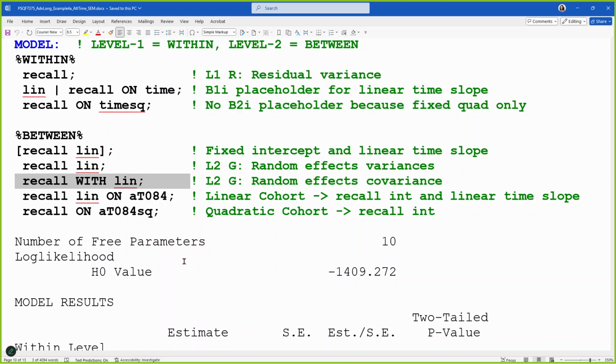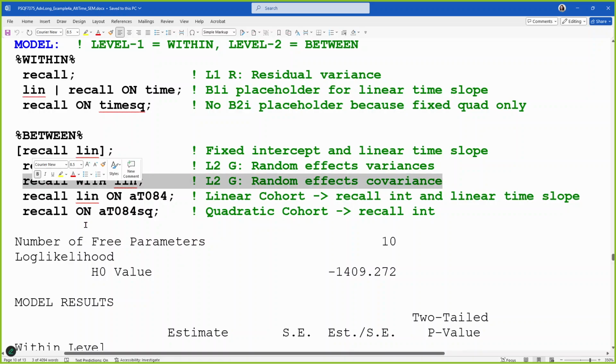Yes, to be picky though, it's not between the variances, it's between the random effects. The variances themselves don't have covariances, but the random effects do. So yes, this is the analog of saying covariance unstructured in Stata and type equals UN in SAS for the G matrix. So I am adding the covariance between the random intercept, that's what recall means right here as our outcome, and the random linear time slope, that's what Lin means. Everything else should be the same.